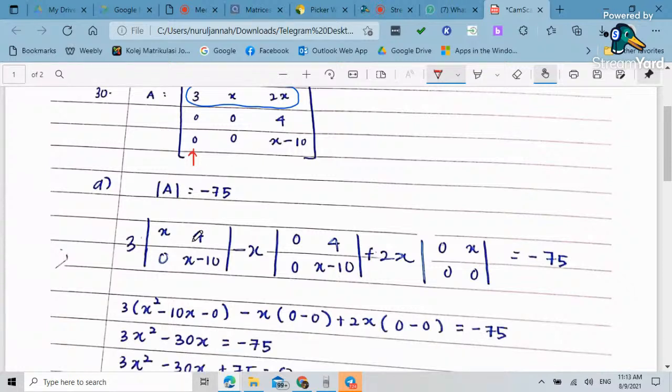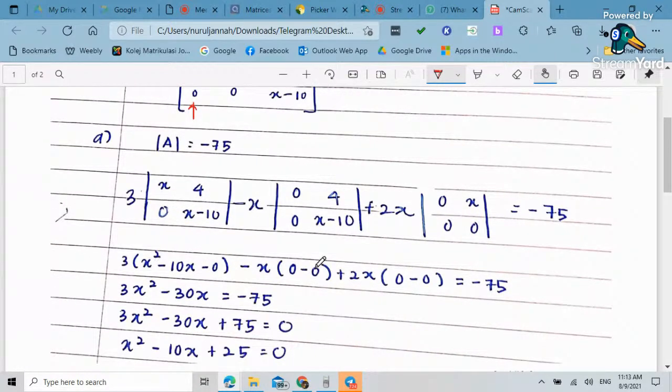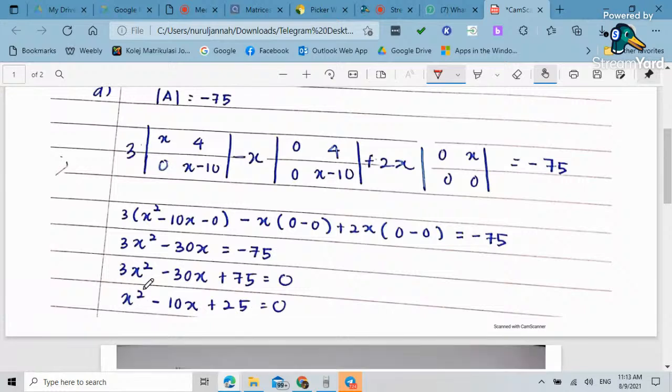Then you use the formula for the determinant. Then you simplify, and then you will have a quadratic function.